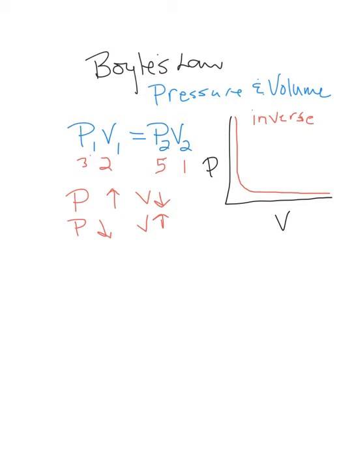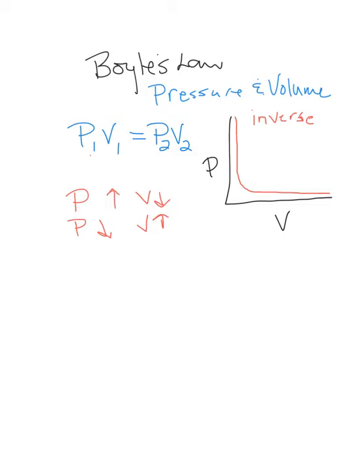So it's the opposite of Charles' law, where if volume was increasing, temperature was increasing. In here, if pressure is increasing, volume is going to decrease. Let's talk about pressure real quick again. Pressure comes from the gas molecules hitting the walls of the container, whatever the container is.